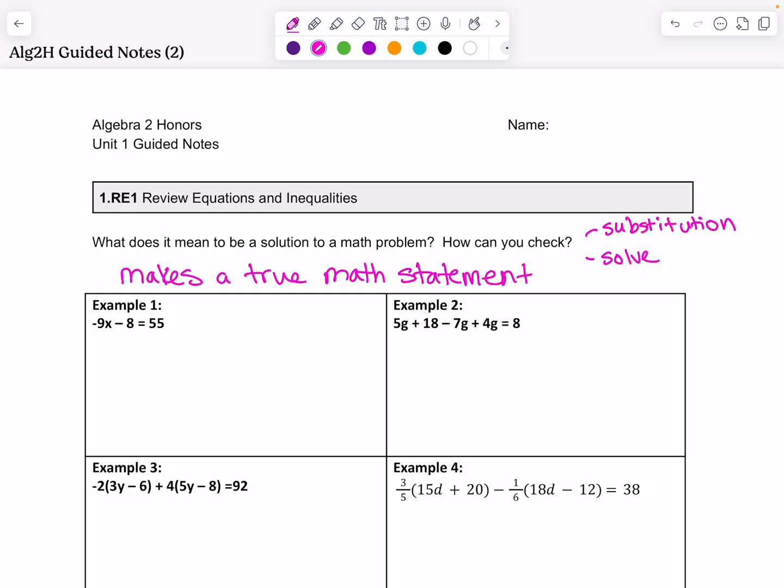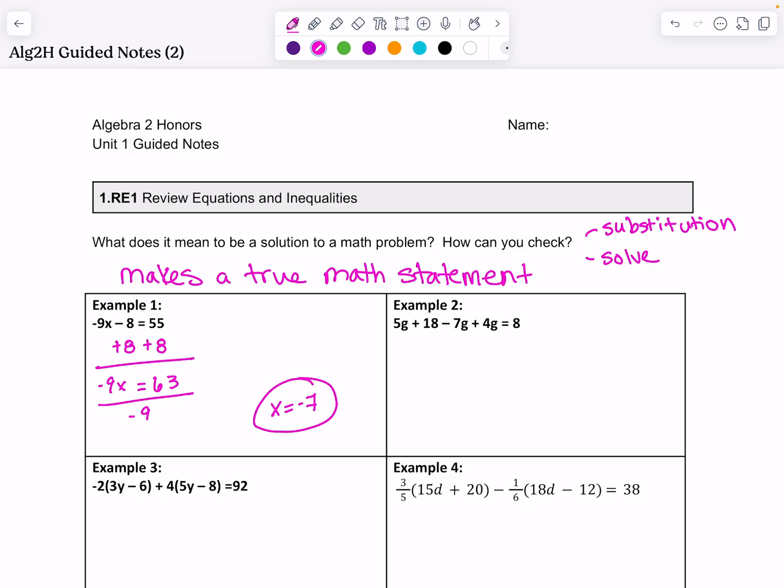If it said x equals 4, you would substitute that in and see if it was true. To solve the first one, many of you can do this in your head, but I am going to show my work as we're getting started. You start by adding 8 to both sides, which would be 63, divide by -9, and we get -7 for x.